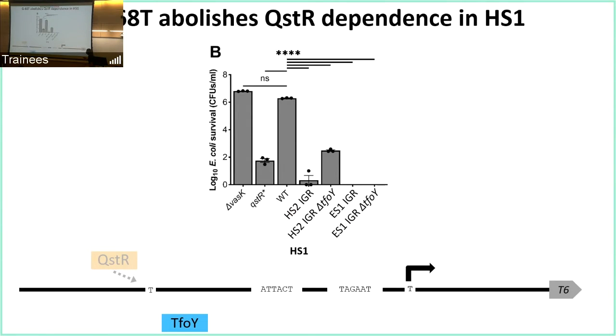When I replace the intergenic region from the environmental strain ES1, it kills really well. I got no survival. When I knock out T4, there's no survival. So just by replacing the intergenic region, I was able to change the type 6 activity from inducible to always on. And the most impressive thing is there's only one SNP between HS1 and HS2.